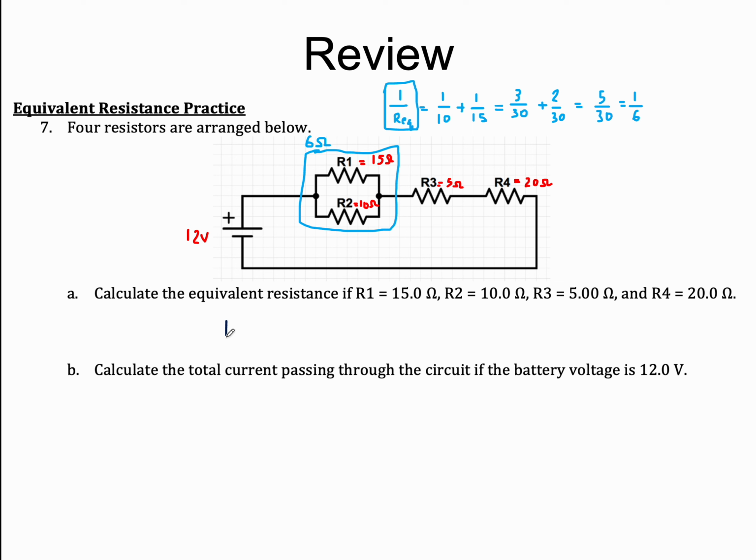Well, in series, you can just add them together. 31. Yeah, which is a really horrible number. So 6 ohms, our blue box, plus the 5 ohms, plus the 20 ohms. Yeah, yuck. All right, I guess I shouldn't complain. But yeah, the total resistance is going to be 31 ohms.